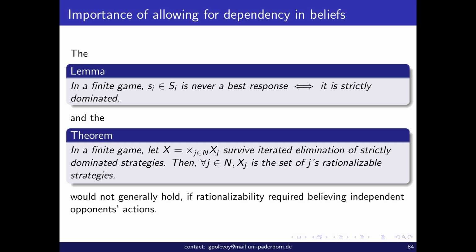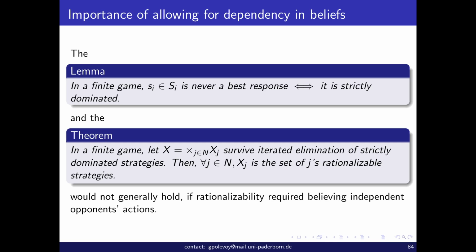Now, those 2 important statements don't hold in general if rationalizability is required to have beliefs that are independent about the opponents' actions, that is, the opponents' actions are believed always to be independent.